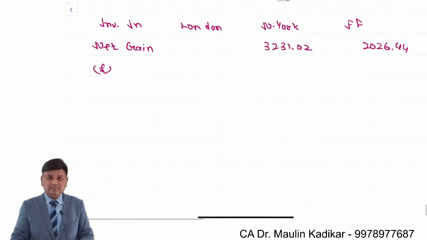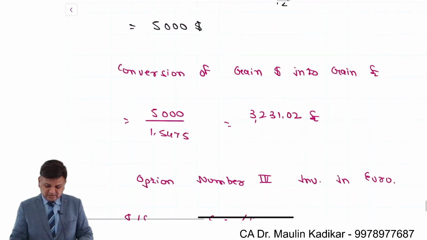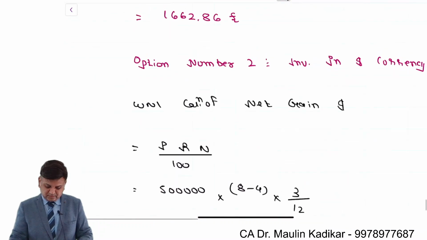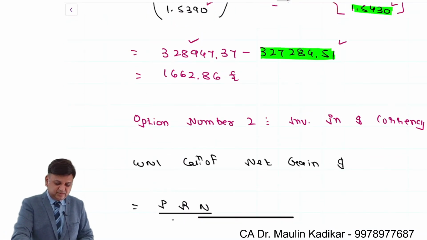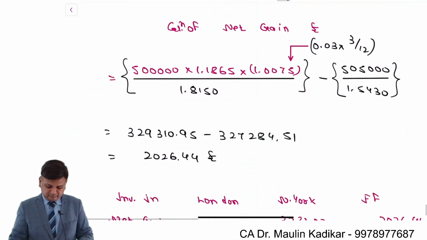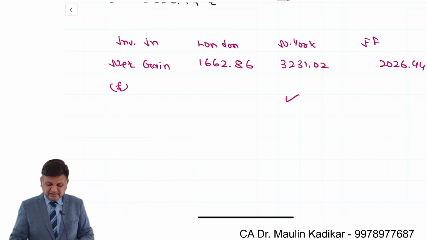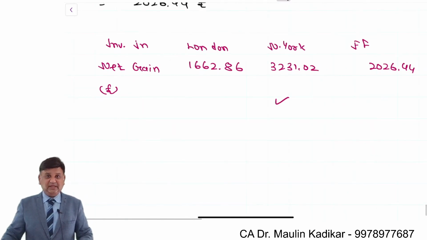And in the first case it is 1662.86. We select the option which is having the highest gain.